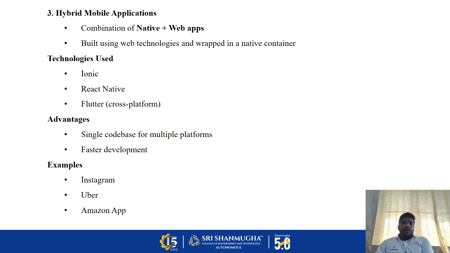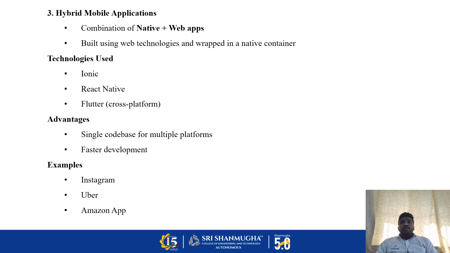Next one, hybrid mobile applications. Hybrid mobile applications combine features of both native and web applications. They are built using web technologies but run inside a native container. Popular technologies used for hybrid apps include Ionic, React Native, and Flutter.